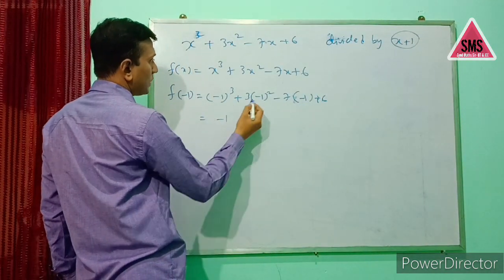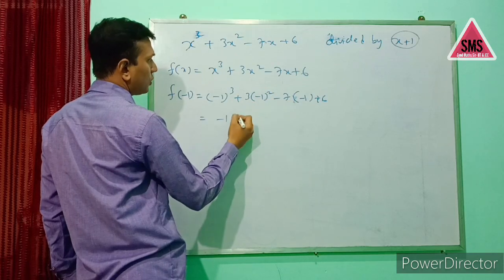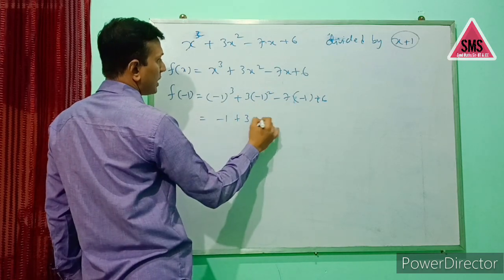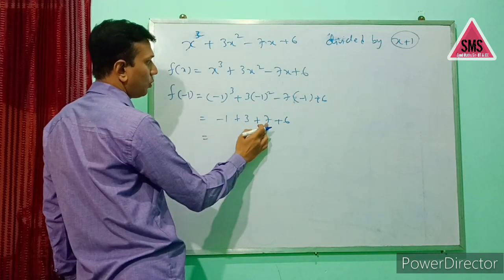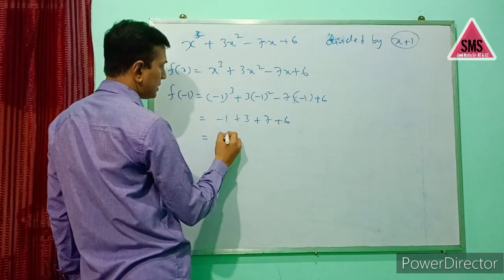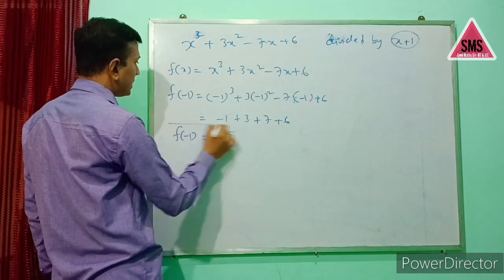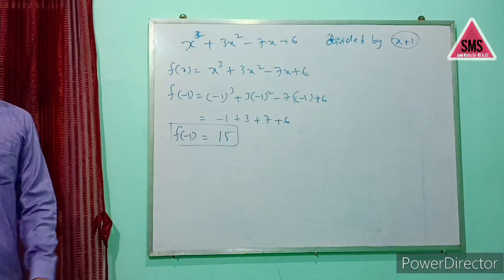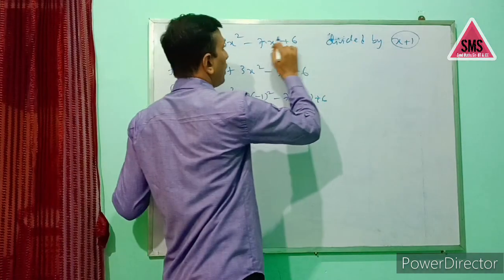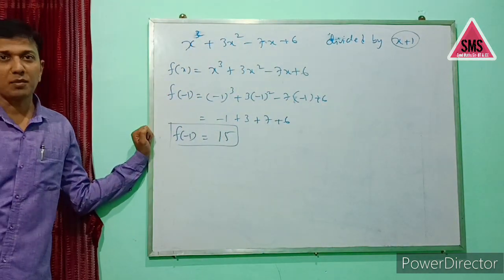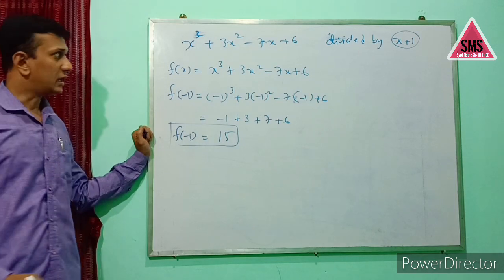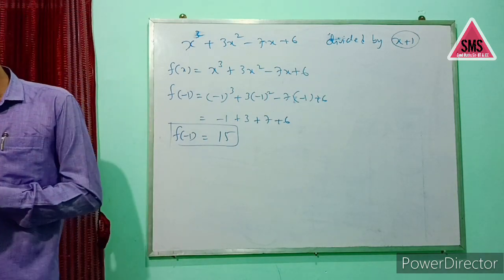Minus 1 whole cube is minus 1, minus 1 whole square is 1, 1 into 3, 3, minus 7x becomes plus 7, plus 6. 3 minus 1, 2, 2 plus 7, 9, 9 plus 6, 15. So f of minus 1 is going to be 15. That means when you divide this polynomial by x plus 1, we are going to get 15 as the remainder. So that is one example.